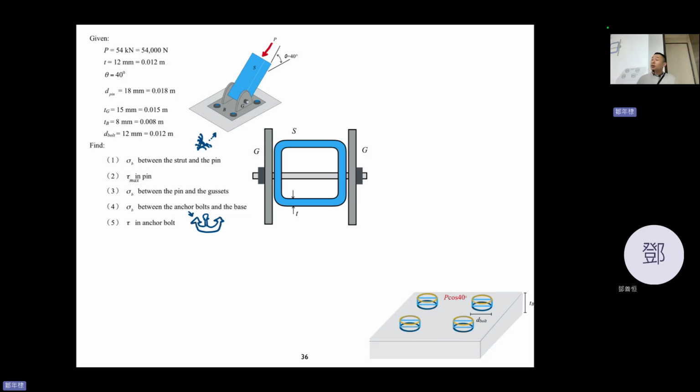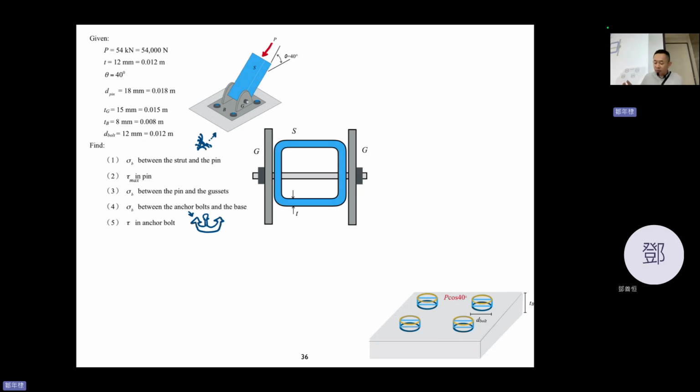You see that the story is that your force is here, so the strut should be penetrating to the wall, to the ground, right? But something stops it.